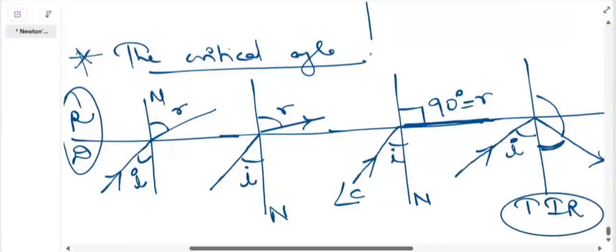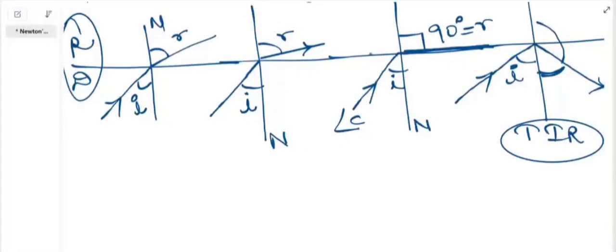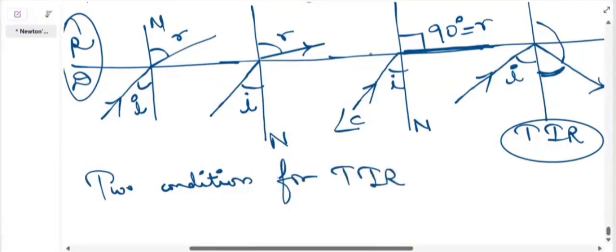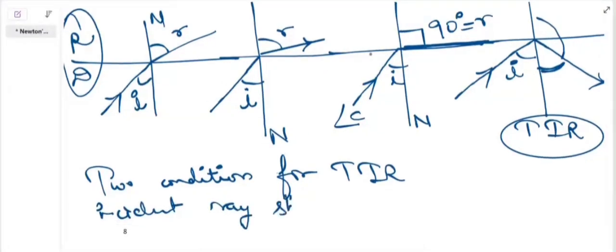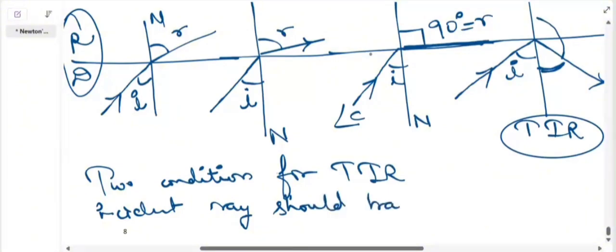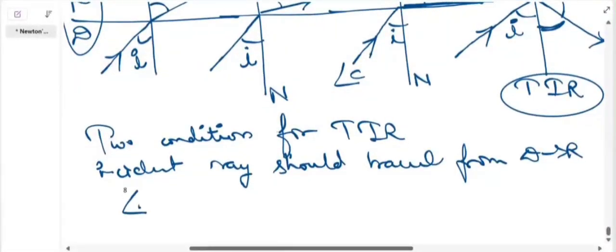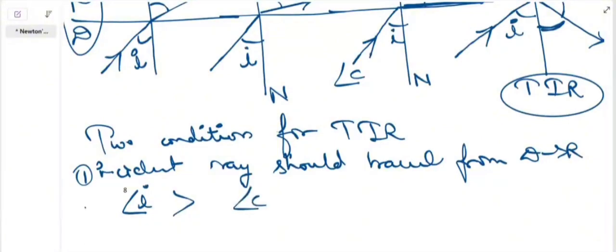The two conditions for TIR are: it should travel from denser to rarer.